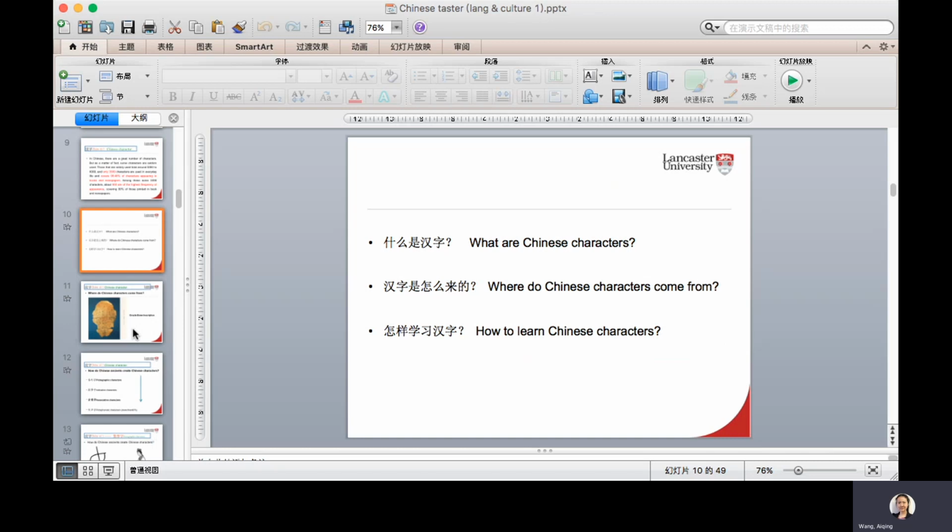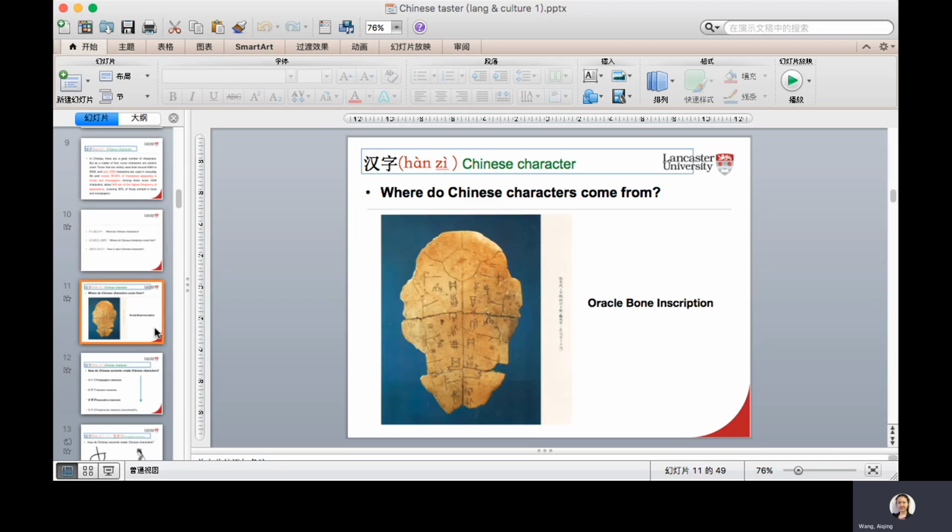So let's have a look at what Chinese characters are, where they come from, and how we learn them. The very original form of Chinese characters was oracle bone inscription. They could date back to the 13th century BC, and those images or symbols were carved on oracle bones, like a turtle shell or something similar.